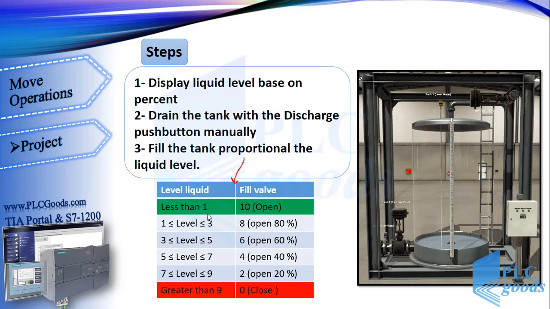I mean, when the tank is empty, the fill valve must be fully open. If the liquid level is between 1 and 3, we'll use 80% of valve capacity. And finally, when the liquid level is greater than 9, the fill valve must be closed.